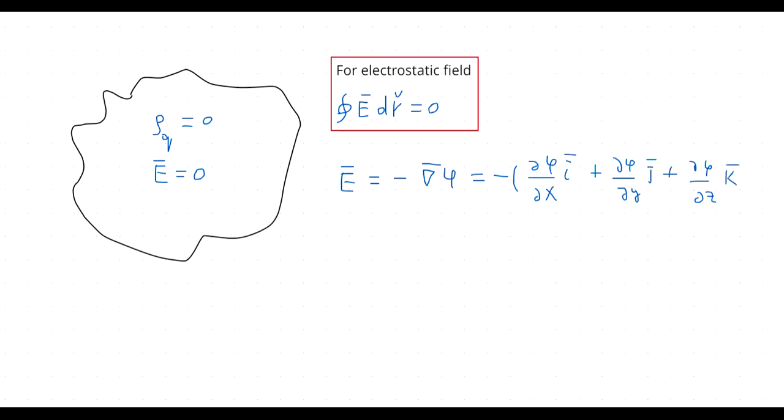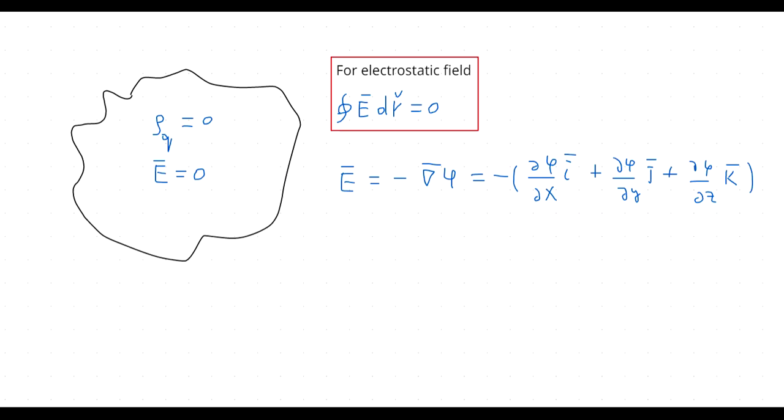So here we have a sum of derivatives, and if the derivative of a function is equal to 0, it means according to calculus that this function is constant.